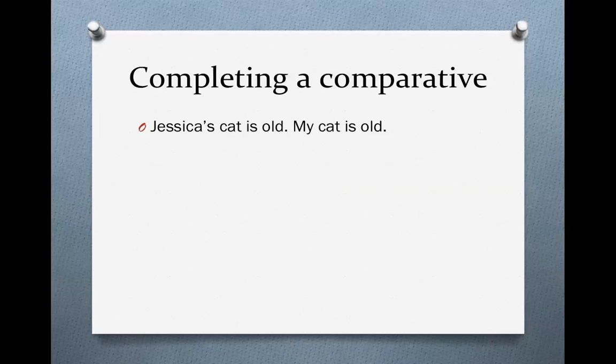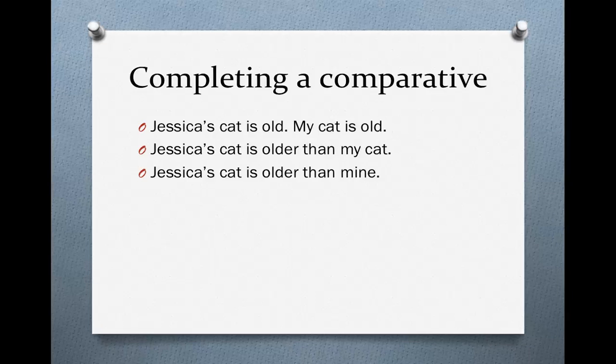Let's look at another example. We're going to compare Jessica's cat and my cat. Jessica's cat is old, my cat is old. Jessica's cat is older than my cat. Makes sense, right? Or we can say, Jessica's cat is older than mine.